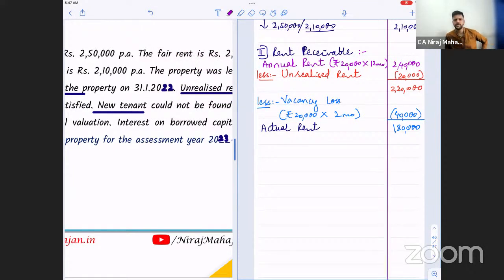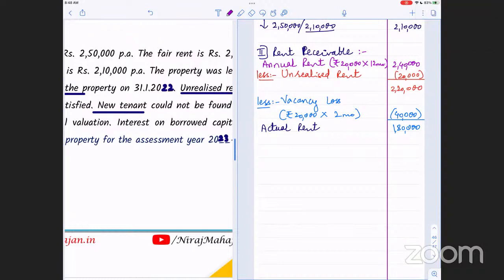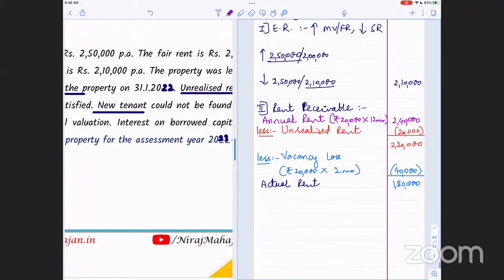No other adjustment to step number 2 right now, correct? Done. Tell me, is step number 2 less than step number 1? Yes. Is it less because of vacancy loss?